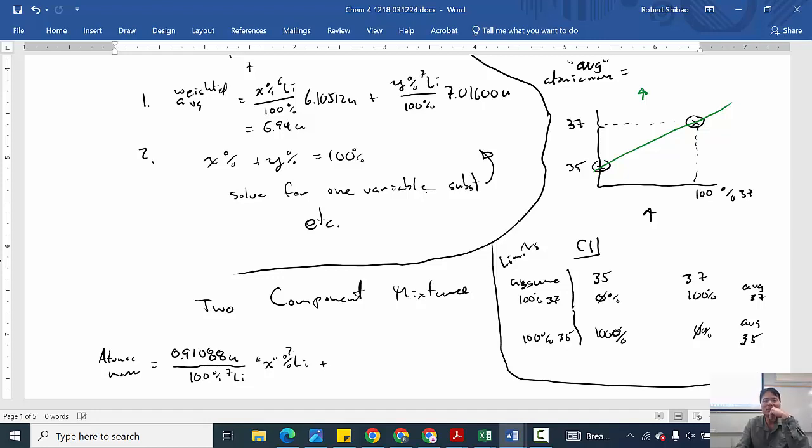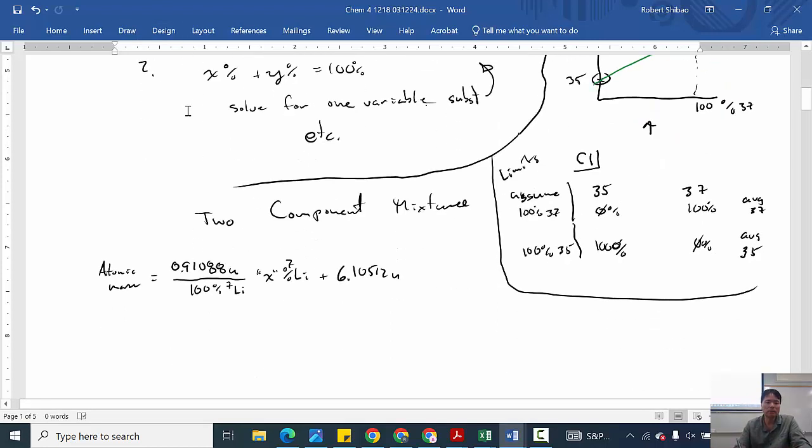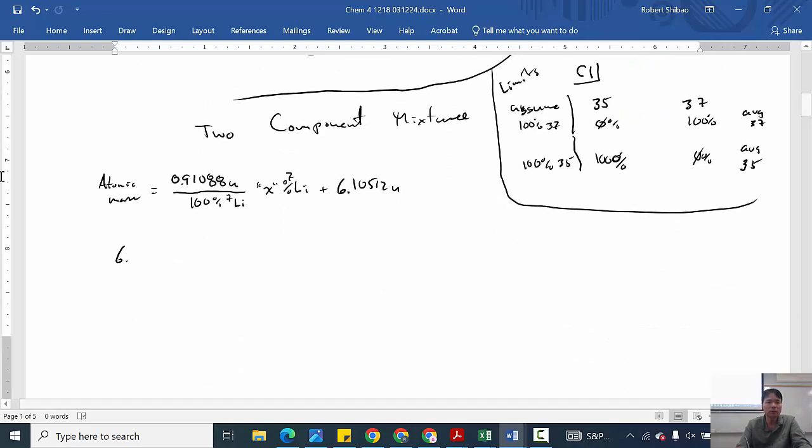The intercept is going to be 6.10512 U. So for me, this is less algebra, because all I'm going to do now is plug in my average atomic mass that was given. 6.94 U was the average that was given.